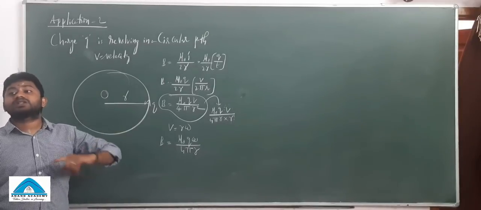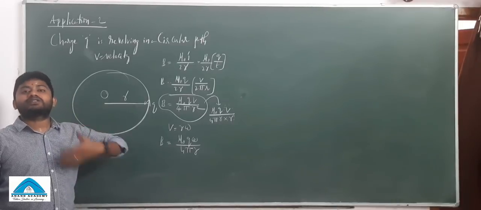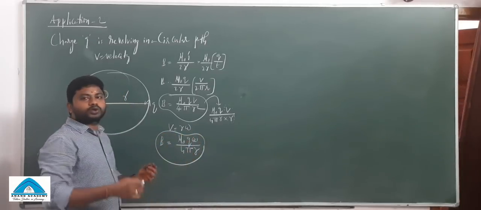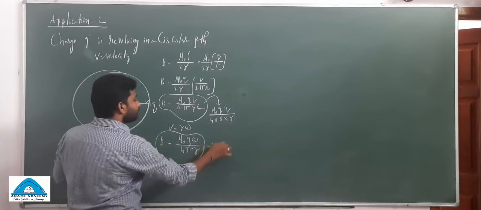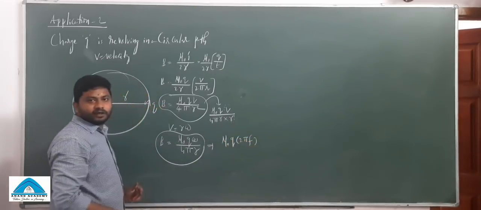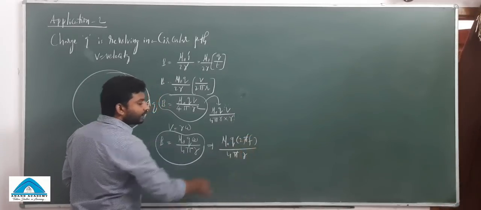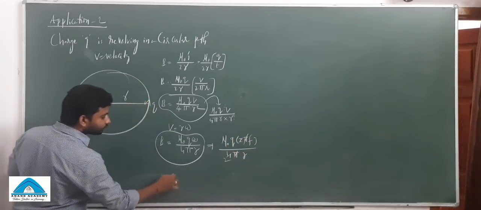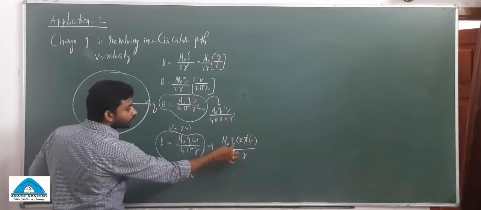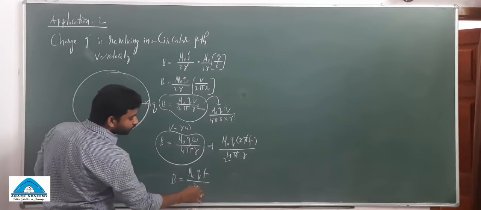And sometimes the question can also be asked in terms of frequency, right? Frequency of revolution. So how to find the frequency of revolution here? We know omega is equal to 2 pi F. So the same way, mu naught Q into 2 pi F, that's called frequency of revolution, divided by 4 pi R. Pi cancelled and the 2's cancel. So the final expression in terms of frequency of revolution is mu naught QF divided by 2R.